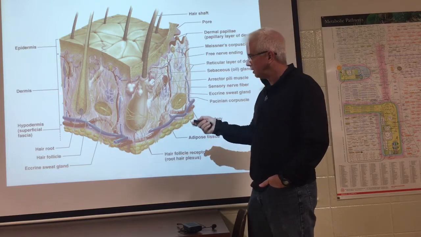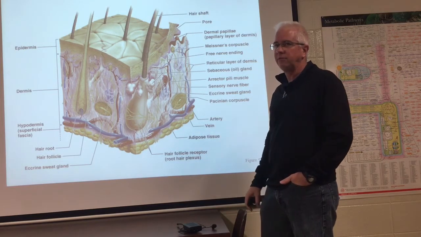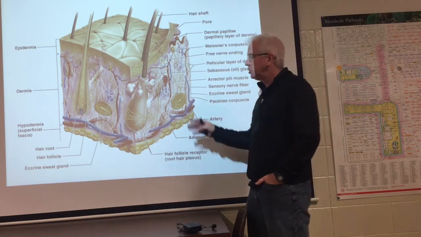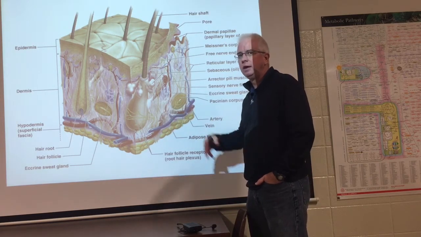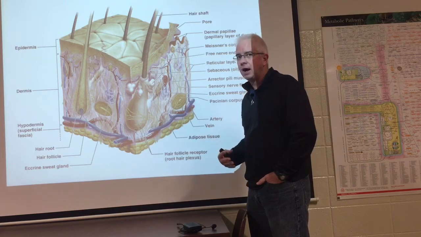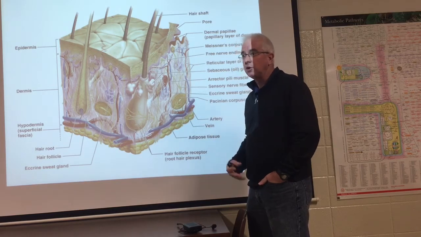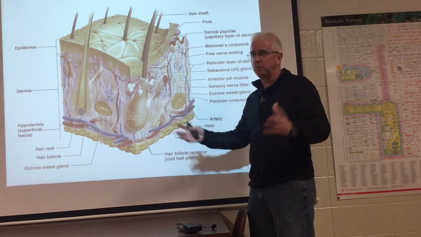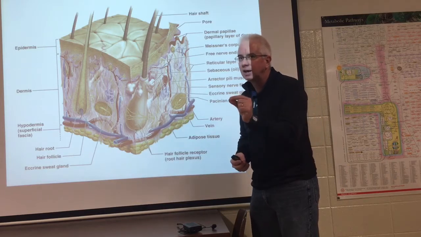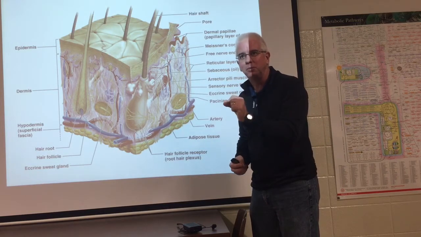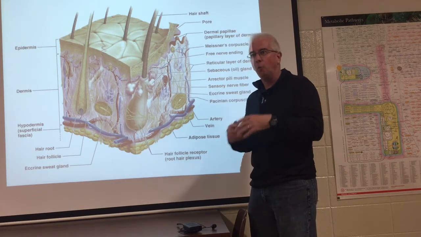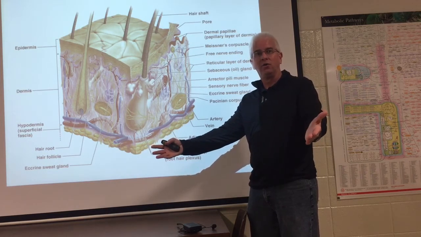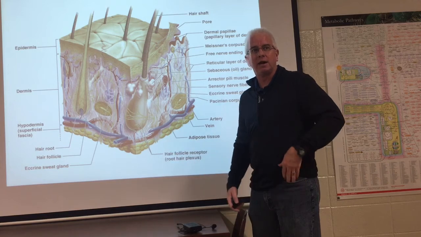then we're going to spend the rest of our time talking about the stuff that we see in the dermis. Your textbook is not going to go into the details here that I am. You have to go to other chapters in the book to pick these up. But now is the time to introduce you to the stuff in the dermis, because it opens the door for other things that we have to learn in anatomy.